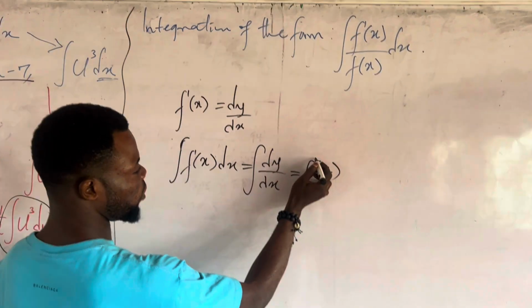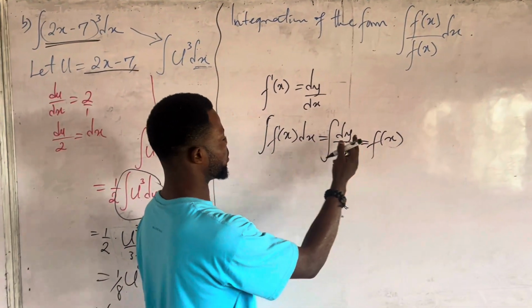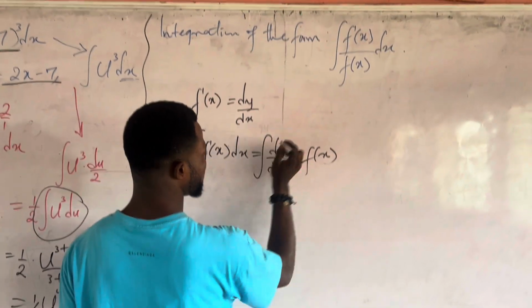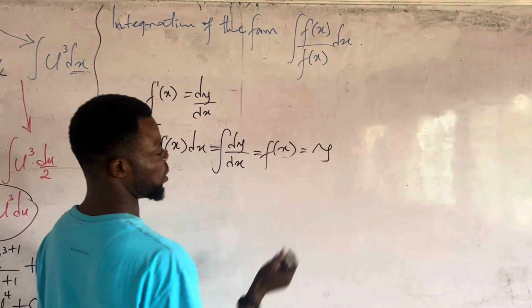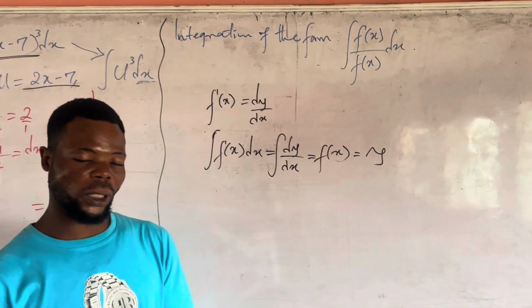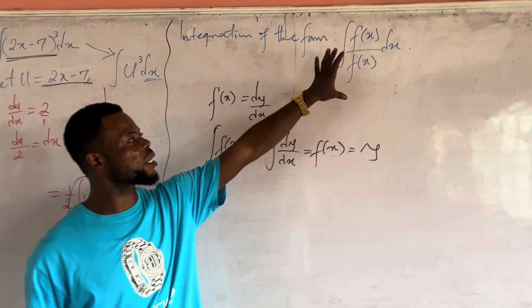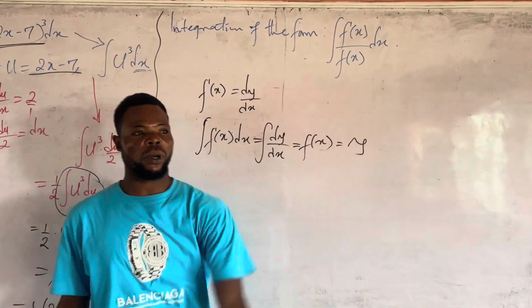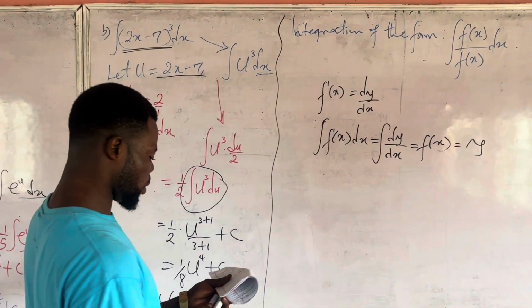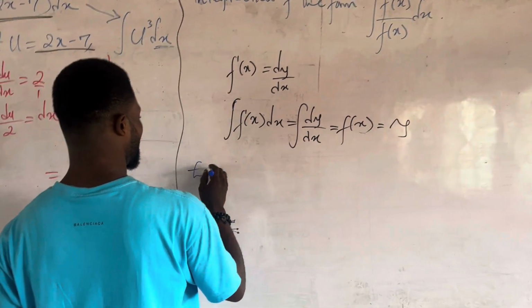That is, if we differentiate, we have f prime, and if we integrate f prime of x again, we get this. So if we integrate this as well, you know we have y. There are some functions like that which, if you want to integrate, we need to consider this form, and then we can get our actual value. This is what I'm trying to say. Let's say we have this.